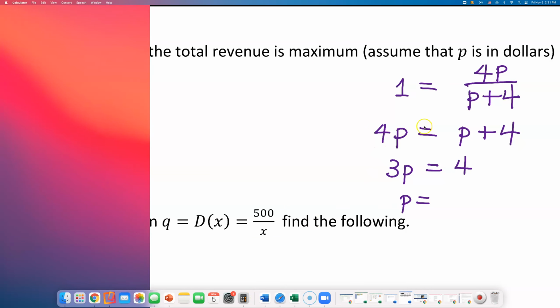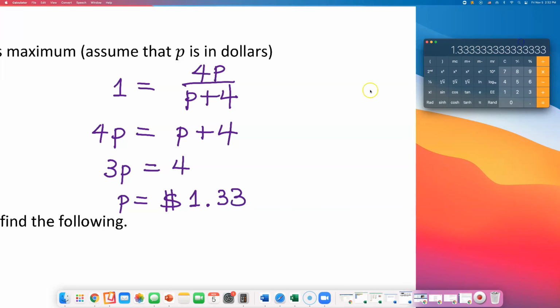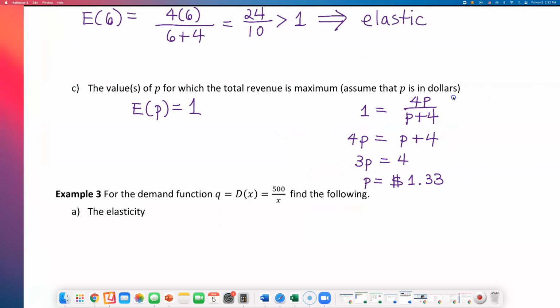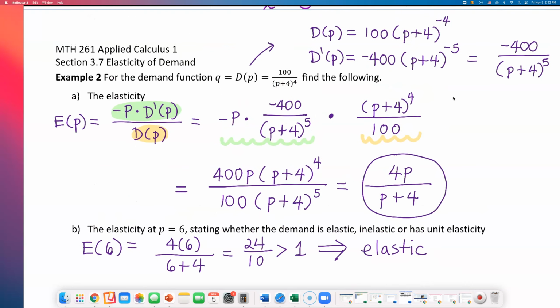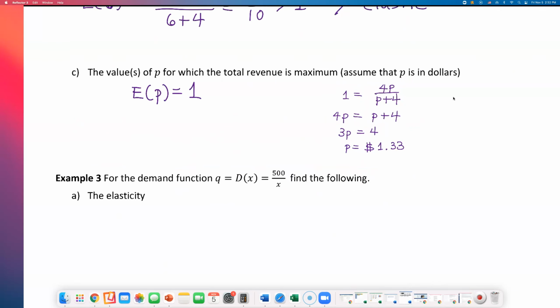The unit elasticity will be achieved at $1.33. So the total revenue will be maximized when the price of this item, we don't know what it is, is $1.33. They shouldn't make it any cheaper or any more expensive than that.